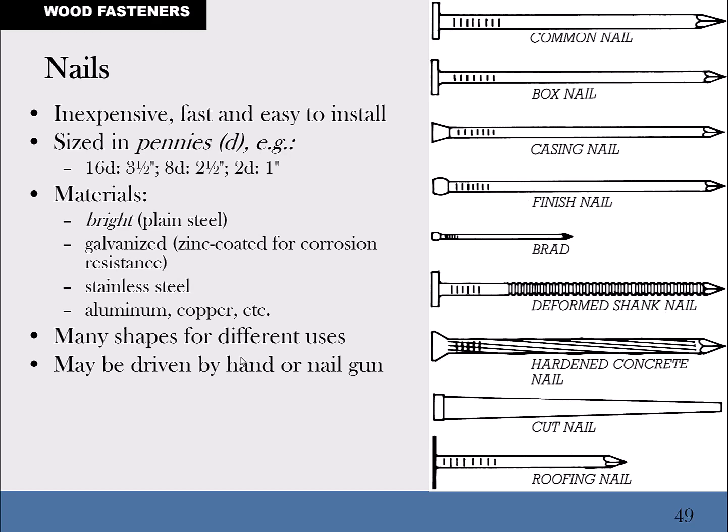They also make a special high carbon nail for hammering into concrete or masonry. There's this old-fashioned nail that's made out of sheet metal called a cut nail. You can actually buy those if you need a certain special effect, but you wouldn't normally use them otherwise.